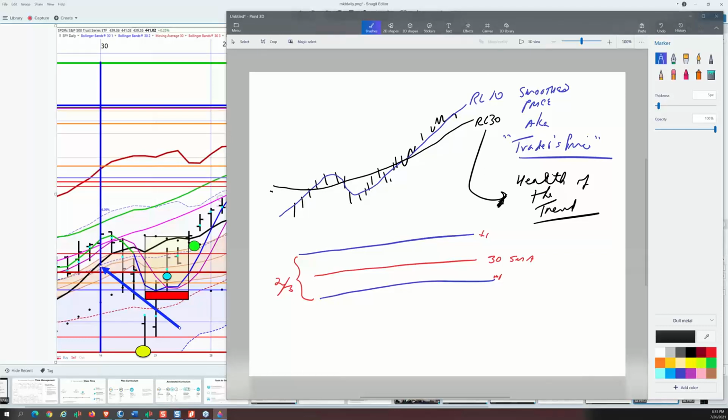So what we're really going to do now is compare the RL30 with the simple 30-period moving average. This is the difference between a moving regression line versus a simple moving average. The moving regression line is faster, more adaptive, and the simple moving average is slow. It lags.